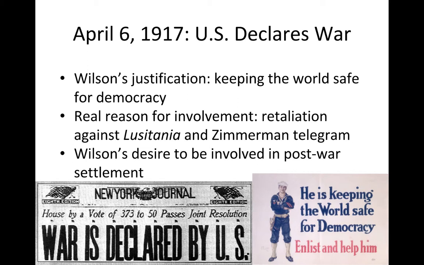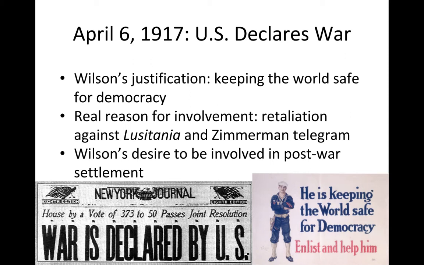And so we see, just like previous wars in history, that the U.S. waited for there to be a reason to justify going to war from a defensive perspective. We really don't have the types of war at this point in history where the U.S. launches an offensive. They're always doing something in response. It seems like war is always the last choice among diplomats in this point in history.